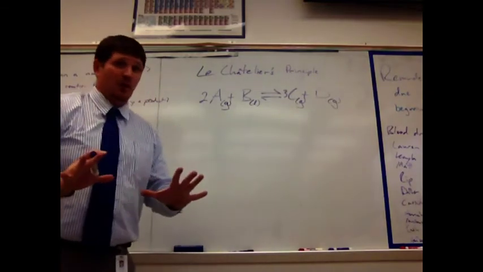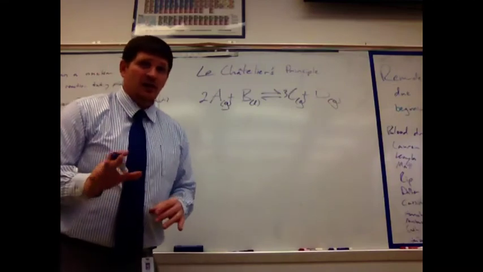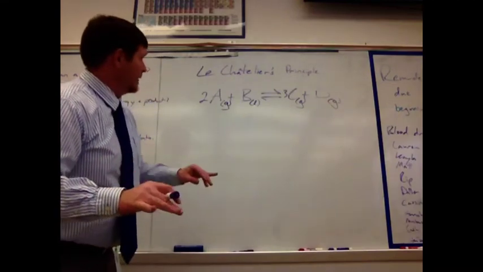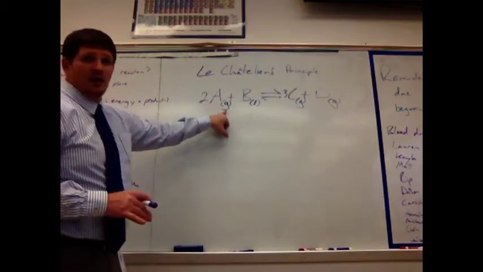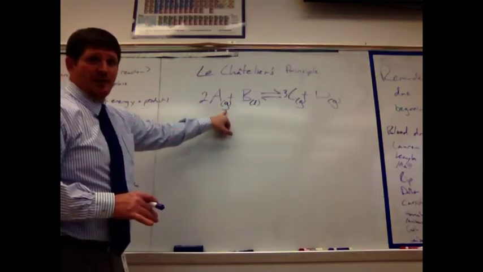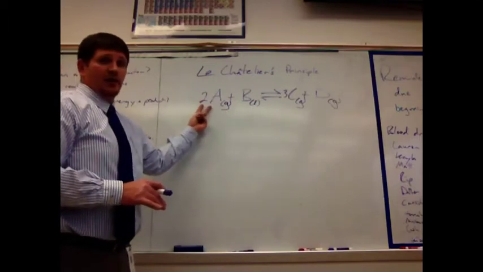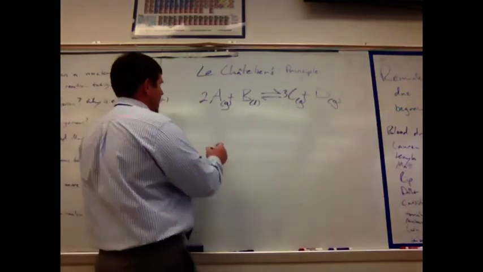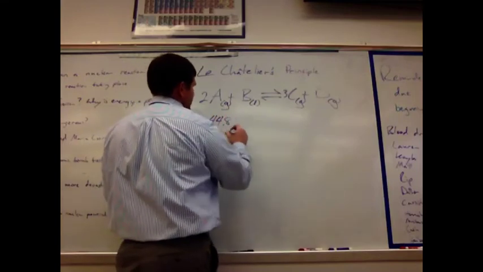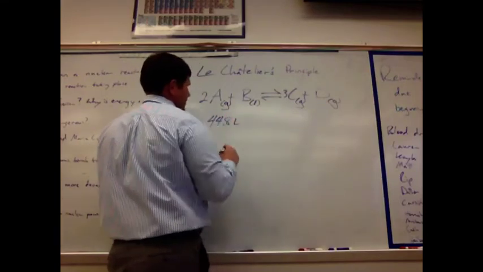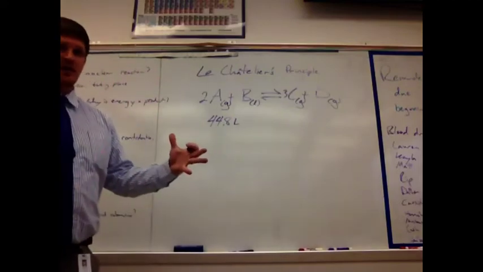Okay, that's important. Brody, you getting this? 22.4 liters, gases only. So, I have a gas right here. Okay, 1 mole occupies 22.4. How many do I have? I've got 2. So on this side, I occupy 44.8 liters of space, just in gas only.